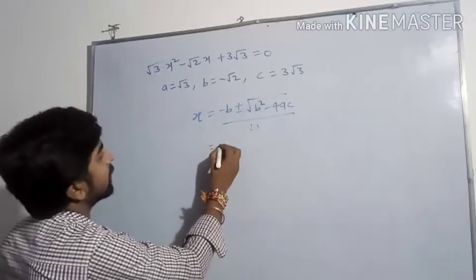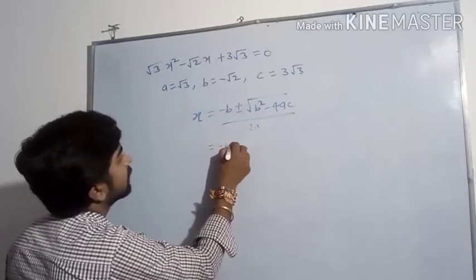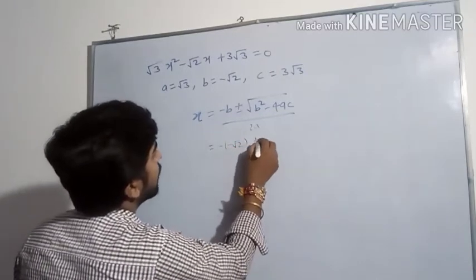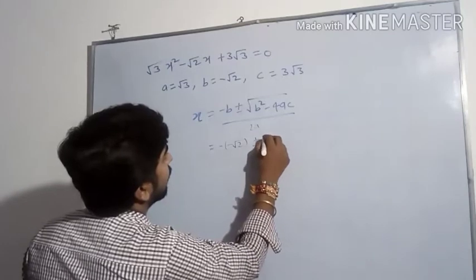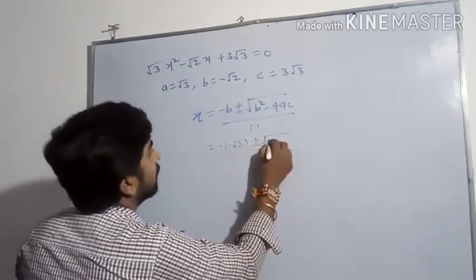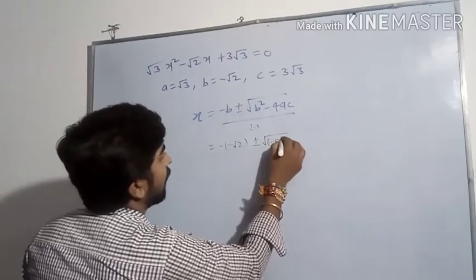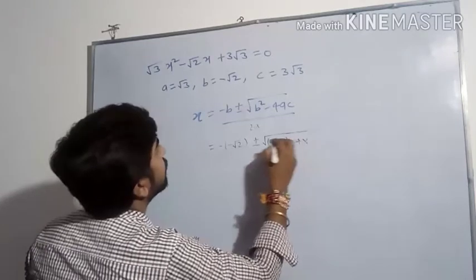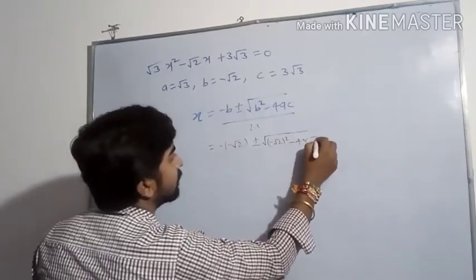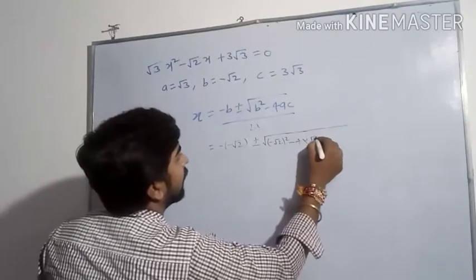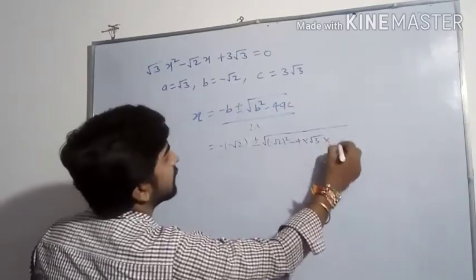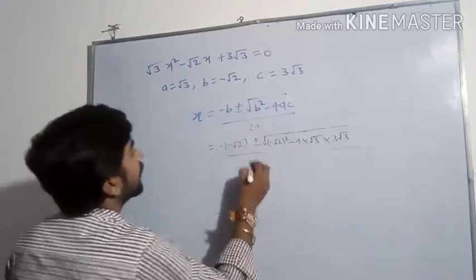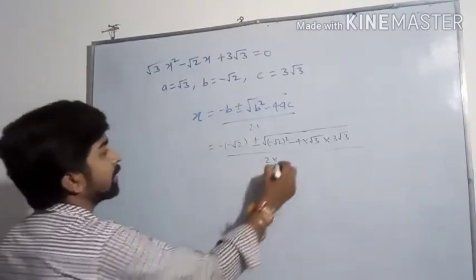Then plus minus under root of the square of minus under root 2, minus 4 into the value of a, which is under root 3, and the value of c, which is 3 under root 3, upon 2a. That is 2 into a, where the value of a is under root 3.